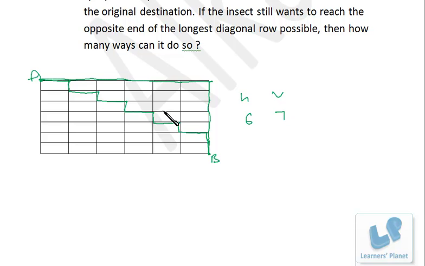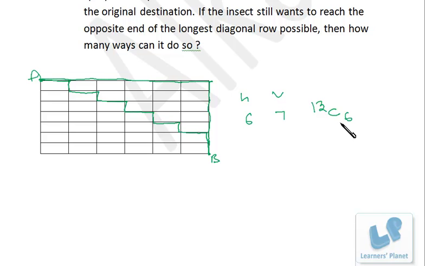So there are two methods of solving this problem. Listen to me carefully. 6 horizontal steps, 7 vertical steps, right? And in all a total of 13 steps. Now the first method: out of 13 steps, you choose any 6. These are horizontal steps, so the corresponding vertical steps will automatically be selected.